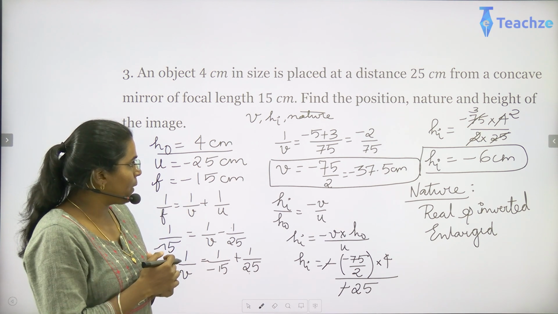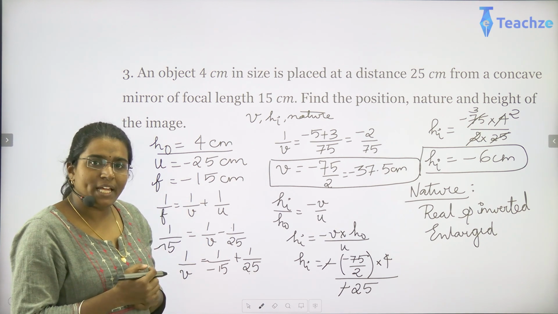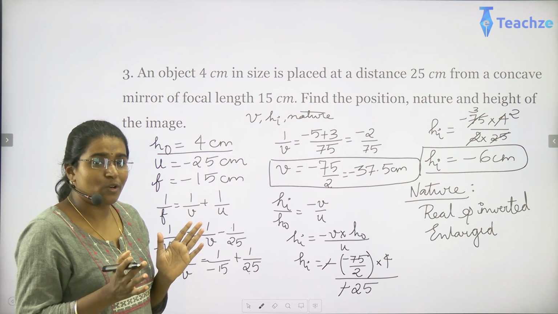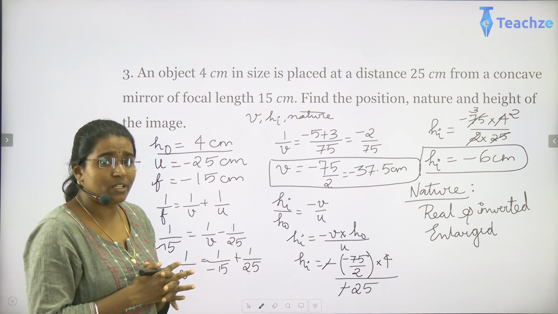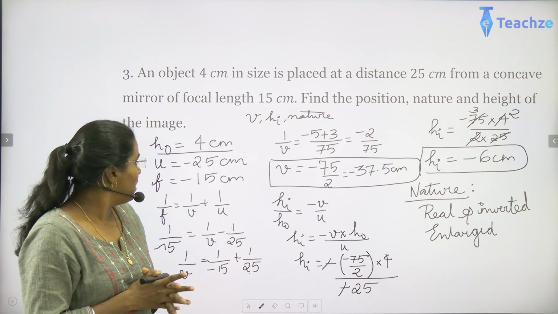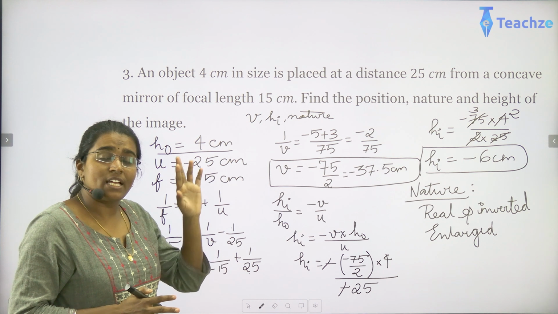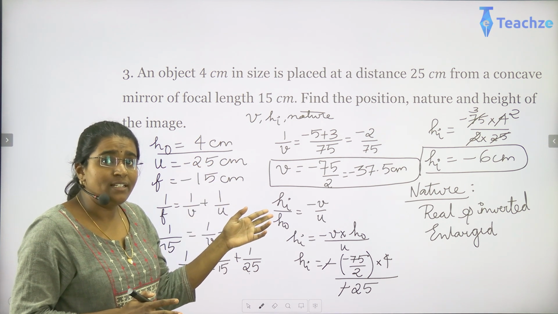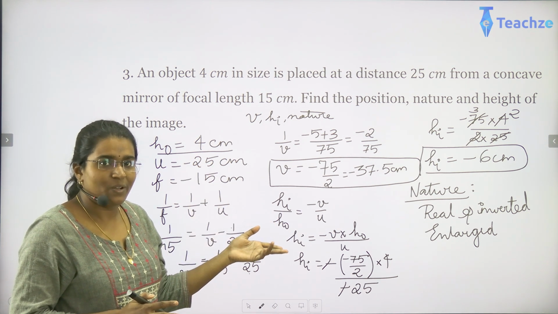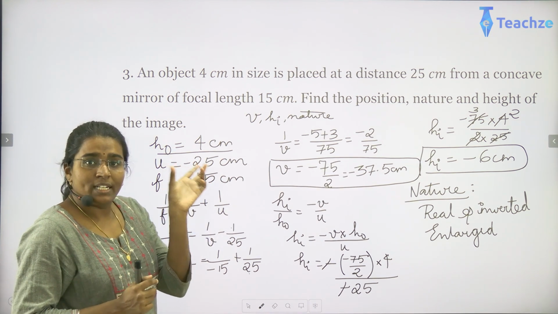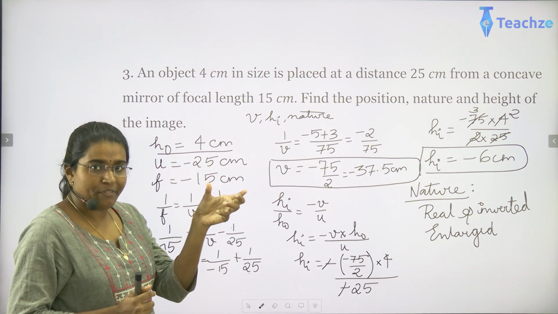So, can you find out where the object is placed? Can you find out which case are we talking about in the concave mirror? Your focal length is minus 15, so your center of curvature should be at minus 30. So between 30 and 15, the middle is 25.